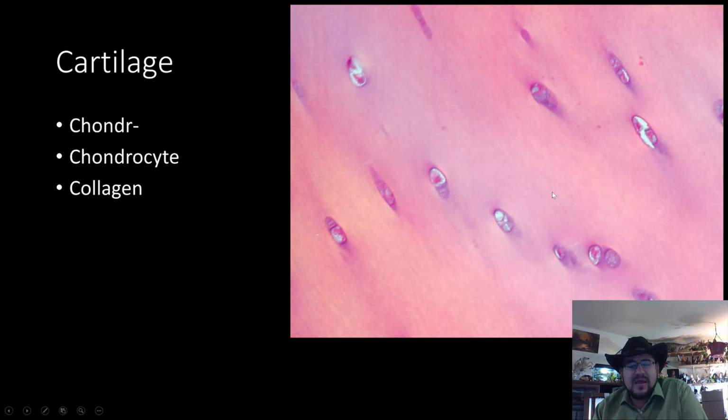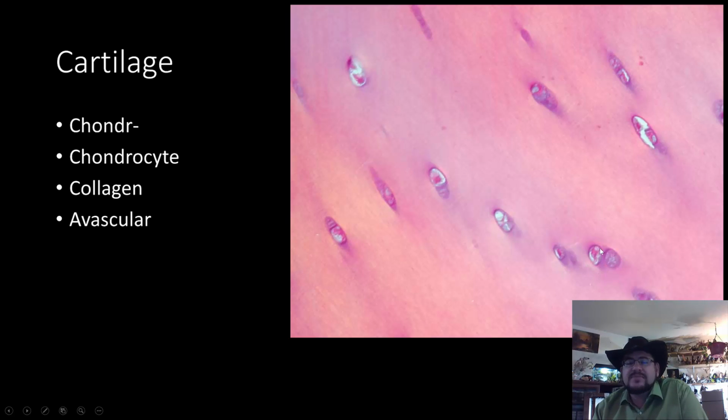A big indicator that you are dealing with cartilage is that it is avascular. These cells in the cartilage, secreting the cartilage, do not have access to blood vessels. This is why tears or rips in cartilage are so hard to heal from, right?